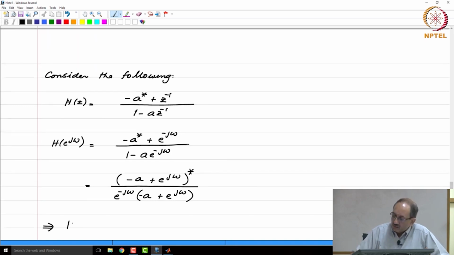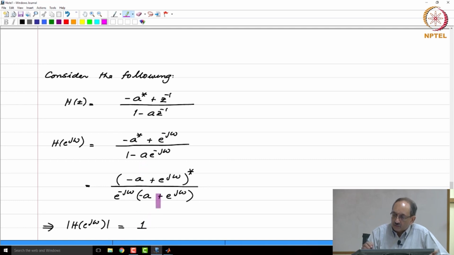So, this immediately implies that the magnitude of h is 1. You could have also inferred this from our previous argument. 1 minus a z inverse and minus a star plus z inverse have the same magnitude and magnitude squared responses. Therefore, the ratio must be unity. So, that is one way of seeing this.